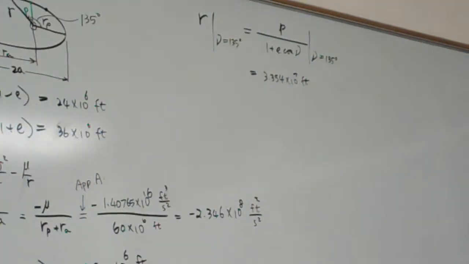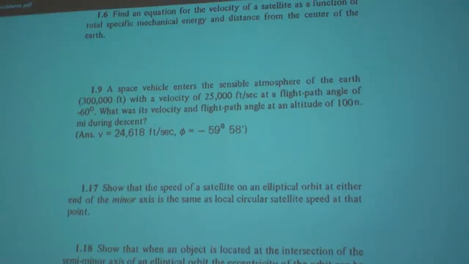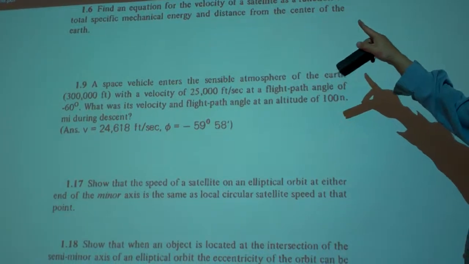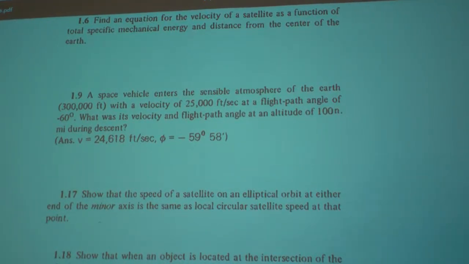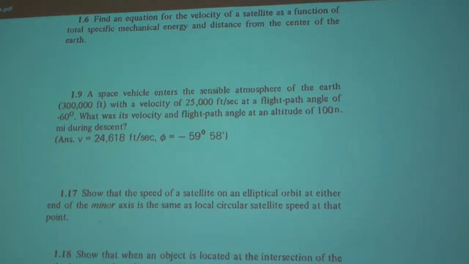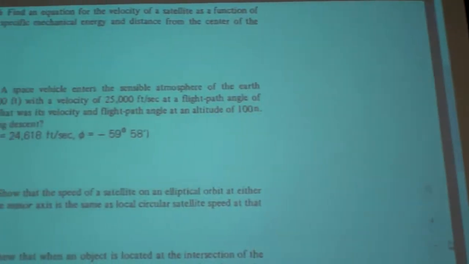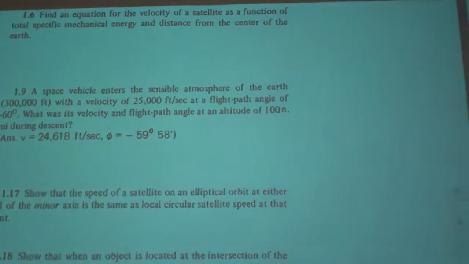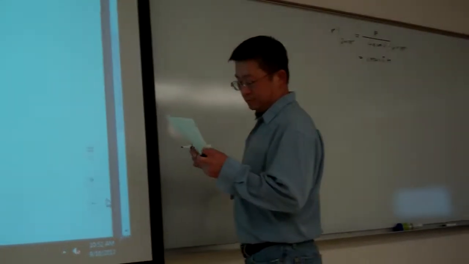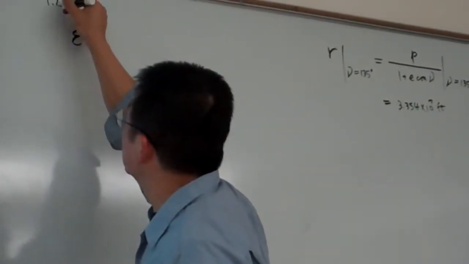So for the next one, find an equation for the velocity of satellites as a function of the total specific energy and distance from the center of the Earth. Okay. Let me erase this portion. We start from here, 1.6.